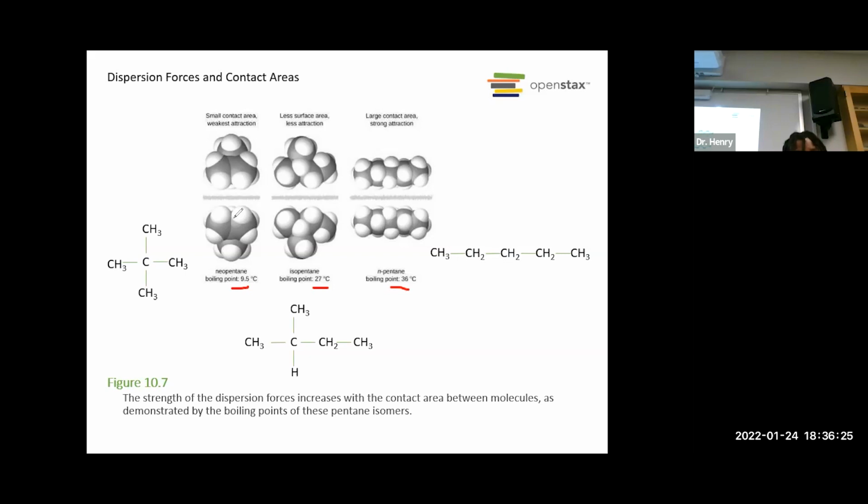You can have the same chemical formula, but if you take up more surface area, your boiling temperature is going to be different, because these are all exactly the same chemical formula. Okay, makes sense?